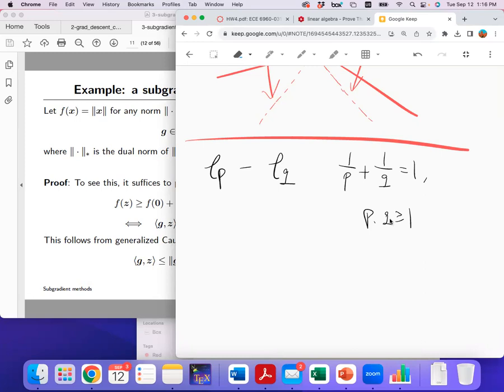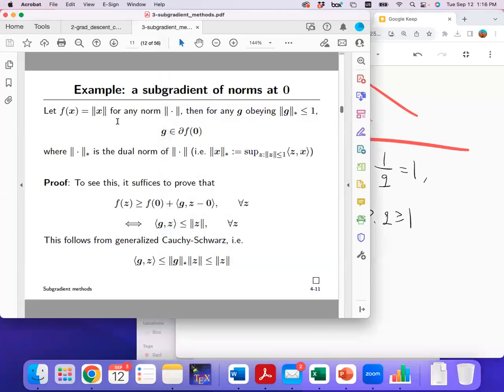For example, if you choose p equals 2, then q equals 2, which means the L2 norm and itself form a primal dual pair. So the L2 norm is the dual of the L2 norm itself. If you choose p equals 1, then q is going to be infinity. This means the dual of the L1 norm is the L infinity norm. But this is how we define the dual norms.